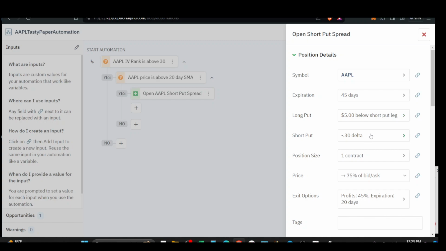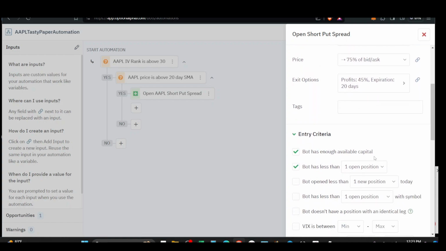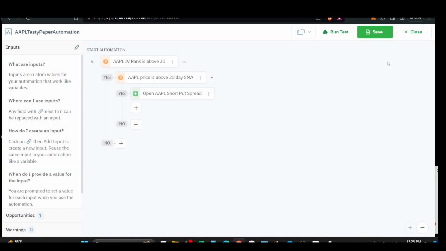Then the short put should be like 30 delta, one position, and profit exit option profit 45% at least 20 days before expiration, so I can change it to 50%. And then it's like a robot, it will run automatically, and if it meets conditions it will move on.